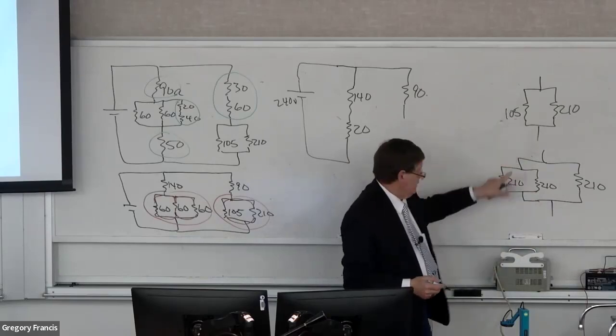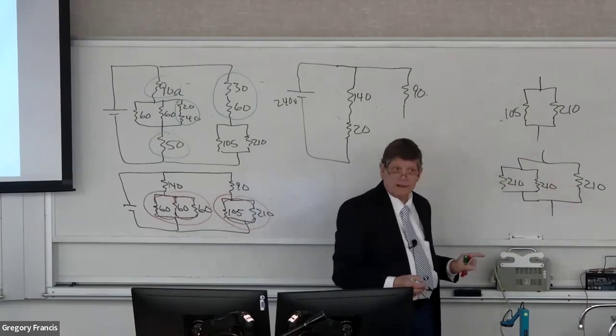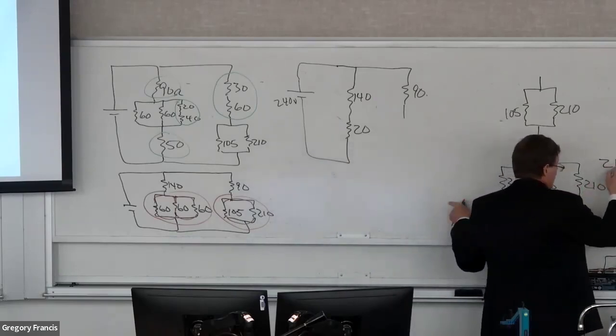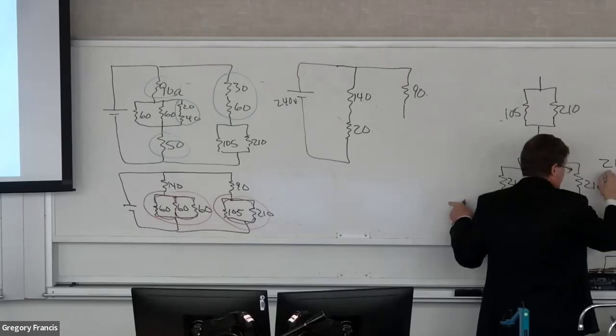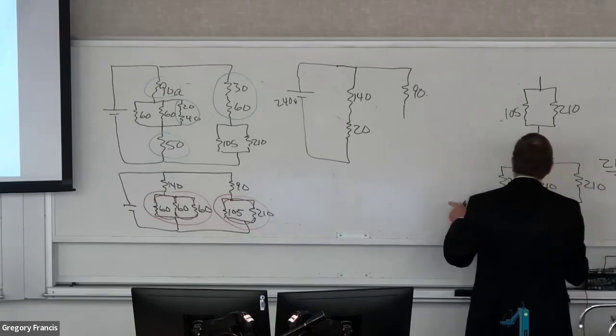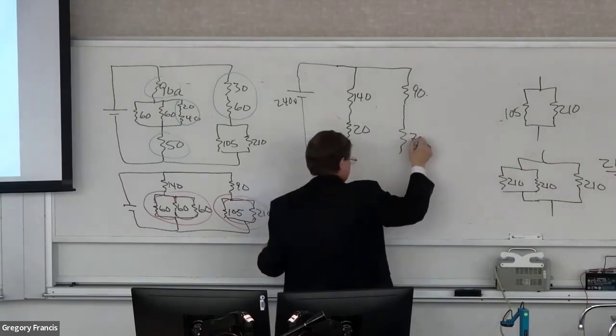So now I have 1, 2, 3 paths that are all identical. I use my rule, which says you take the resistance of one path and you divide by the number of paths, and that gives you the resistance of the network, which would be 70. So this is going to look like 70.